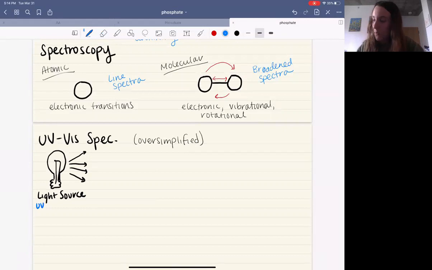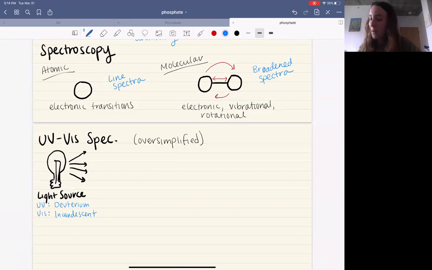So to emit in the UV range, what's commonly used is a deuterium lamp. Okay, and in the visible range, you use an incandescent light lamp of some sort, including like a classic tungsten light bulb, kind of like the one I drew. Okay, incandescent. And note that the light from this kind of light source is over a broad range of wavelengths and just emits in all directions.